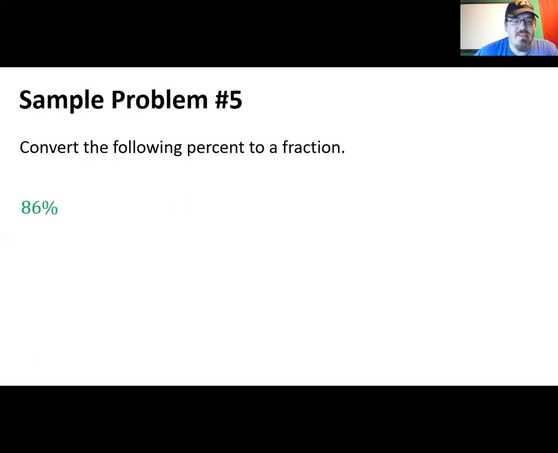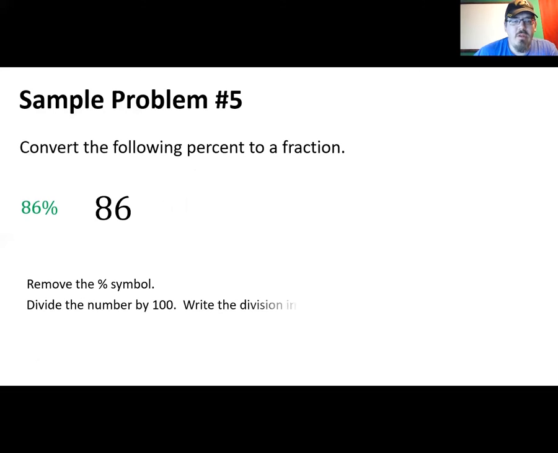All right, 2 more problems to go. Here is problem number 5. What we've got left to do is we want to take percents now and convert them into the other forms. So here we're going to take a percent and convert it to a fraction. To do that, we start by getting rid of the percent symbol. And then we're simply going to divide by 100.